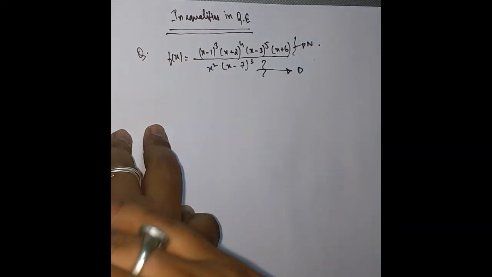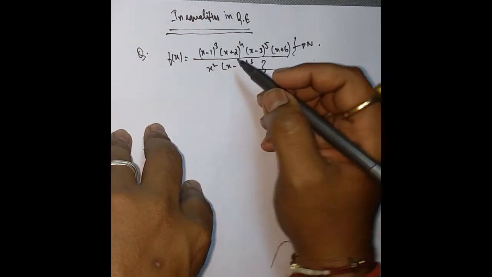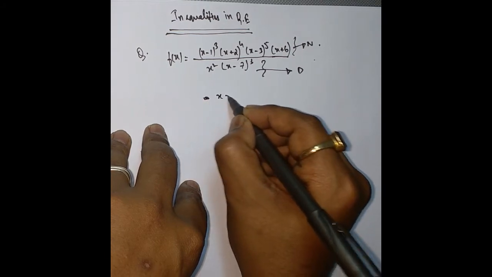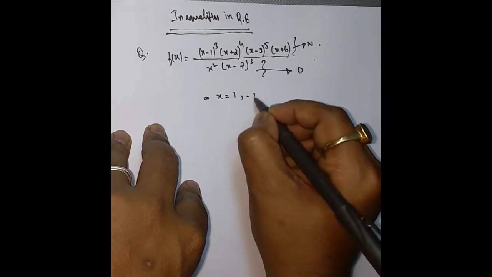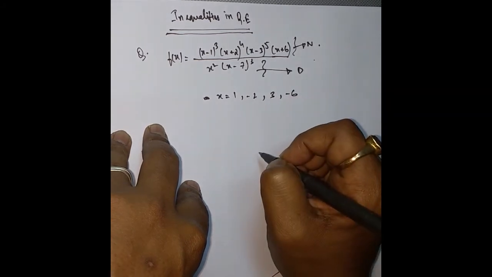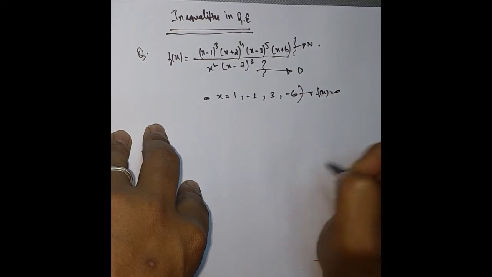So we need to check where f(x) is going to be 0. f(x) is going to be 0 at the points where x is equal to 1, x is equal to minus 2, or x is otherwise 3, or x is otherwise minus 6. Here f(x) equals 0.